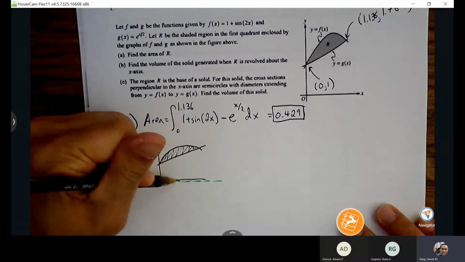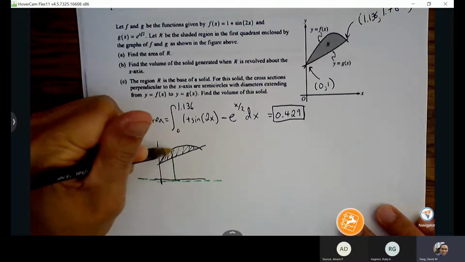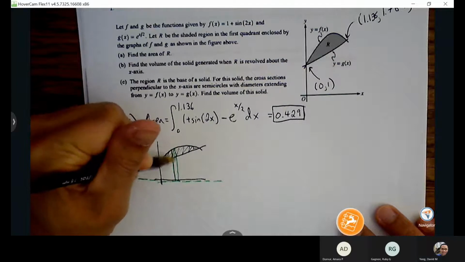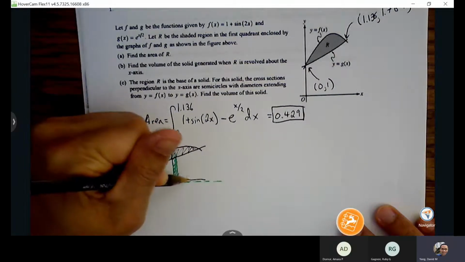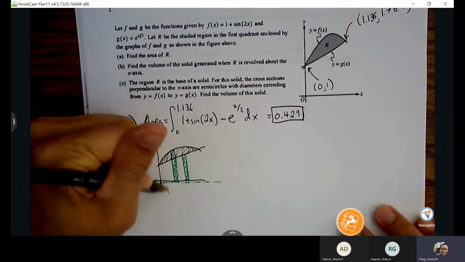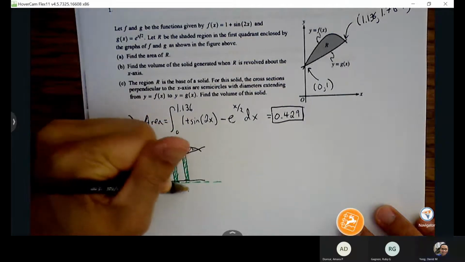We need two radii, one radius that extends from the axis to the furthest boundary, and the other one that extends from the axis to the closer boundary. Big R, little r.